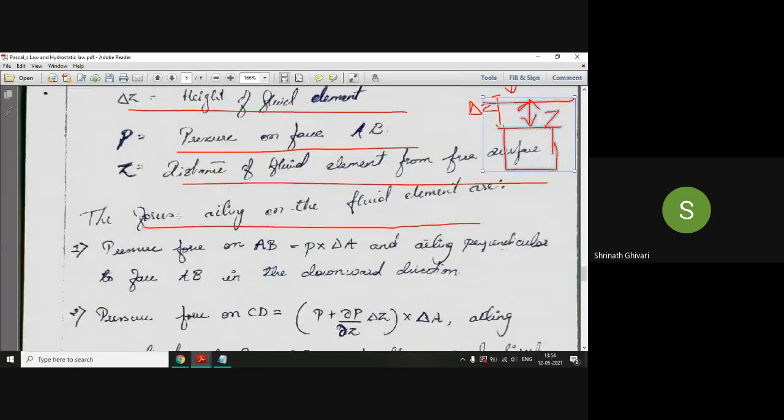Then what are the forces acting on the fluid element? The pressure force on AB is P into delta A, acting perpendicular to the face AB in the downward direction.